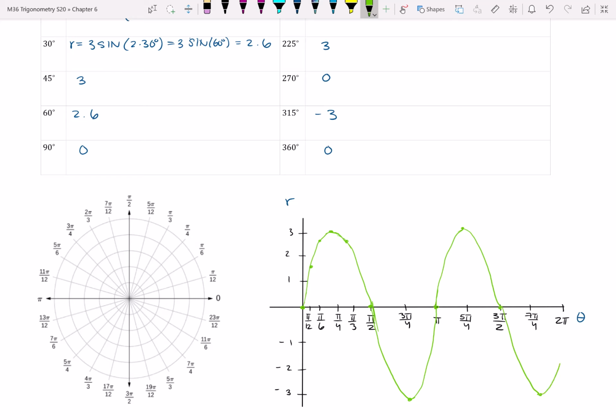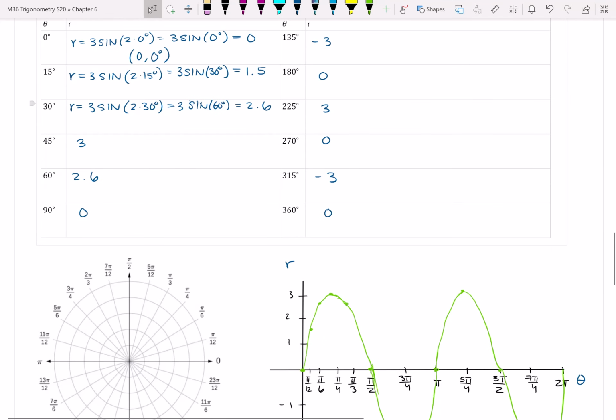Now let's see how that transfers into this Cartesian plane. My first point: my theta was 0 degrees, my r was 0. So 0, 0. So that's that point. Now the next one was 15 degrees, so pi over 12, 1.5.